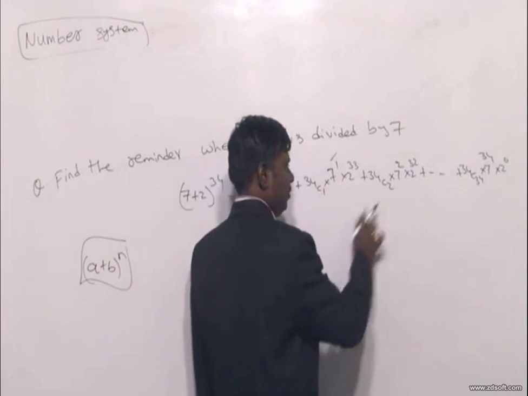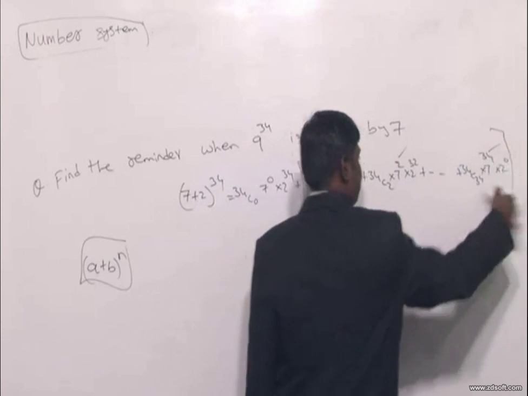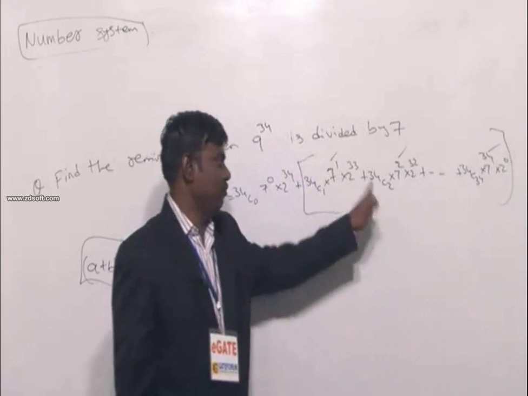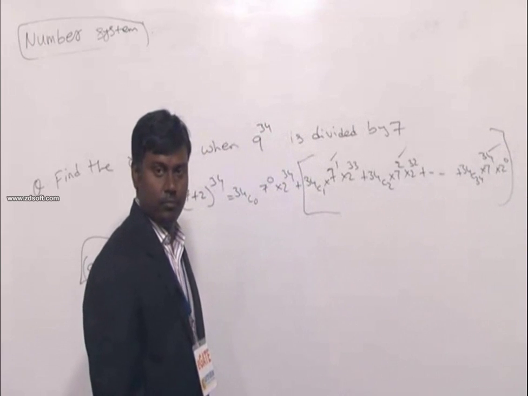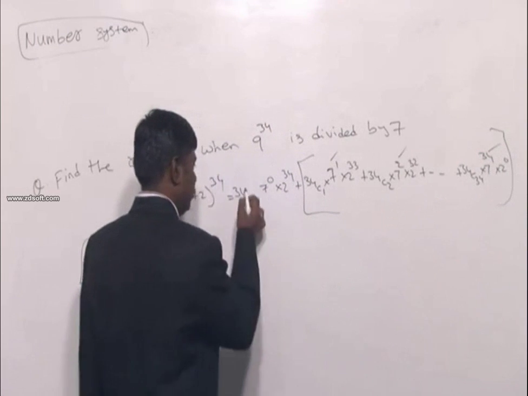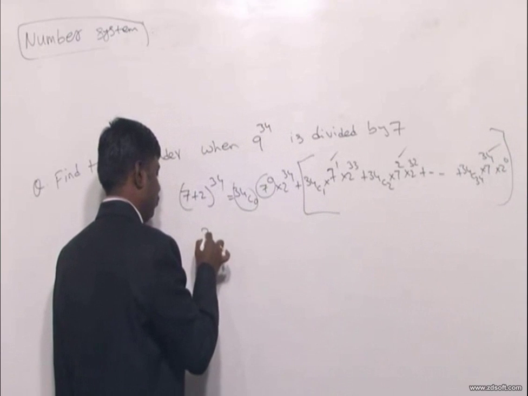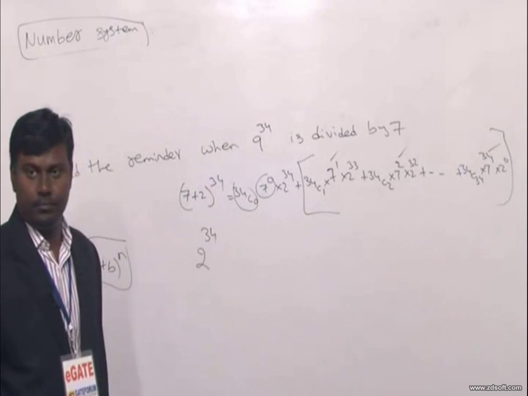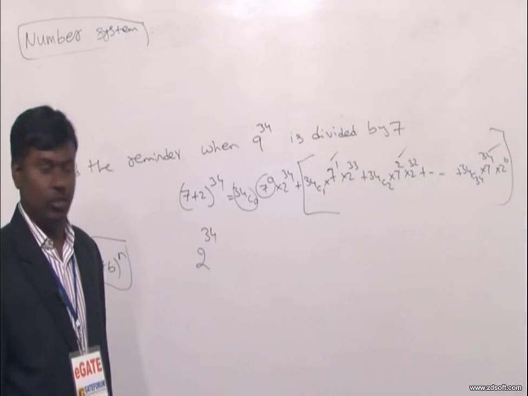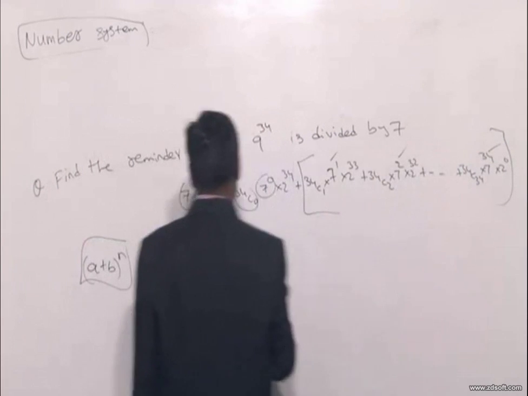This is a 7 multiple, this is a 7 multiple, this is also a 7 multiple. So from here to here, these are all 7 multiples, so if you divide that, you get 0. So the only part left is this: 34C0, that is 1, 7 power 0, that is 1. So you are talking about 2 power 34. Understand? Next time you don't need to expand.